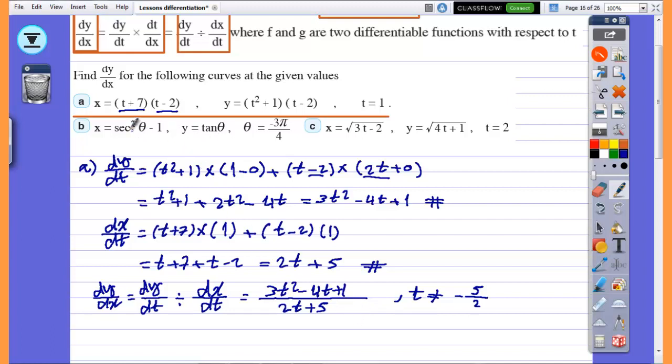Here the requirement is to find dy/dx when t equals 1.